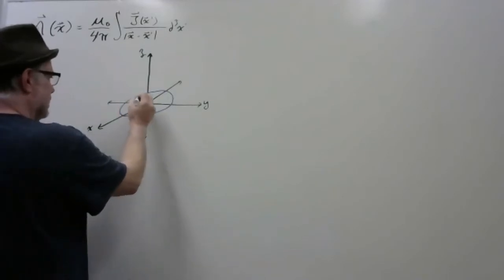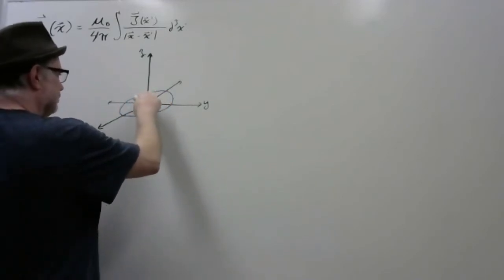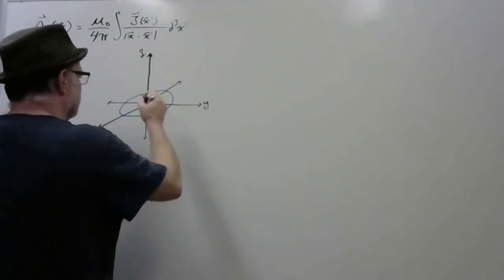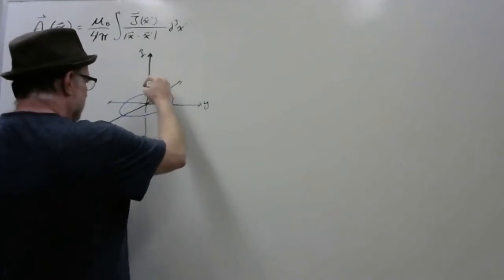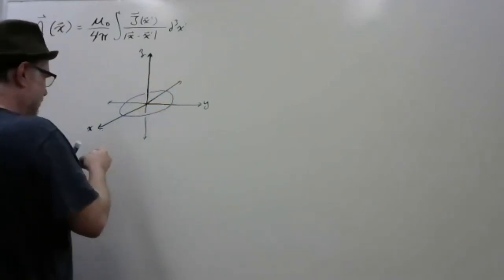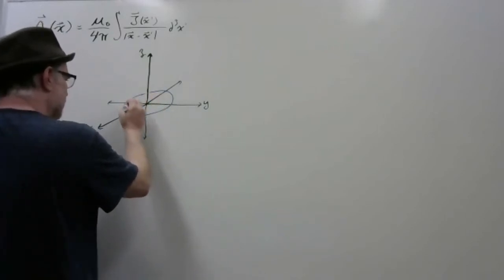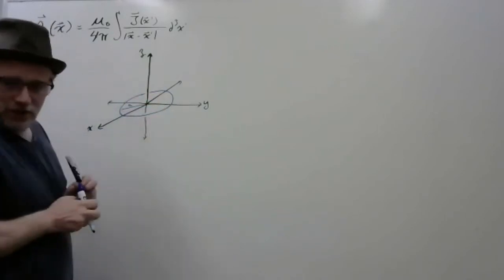Okay, so this distance is A. Sorry, that goes behind. My 3D perspective drawing is incorrect. So this distance is A, so radius A, and we have our dl here.